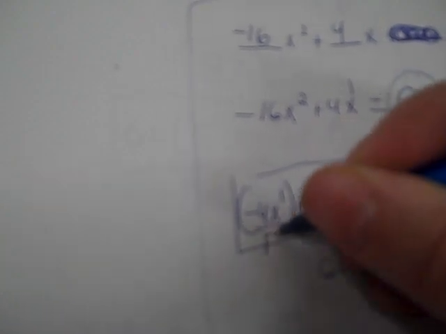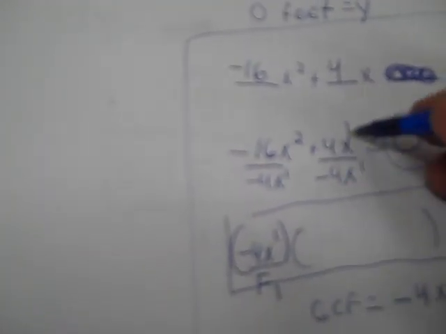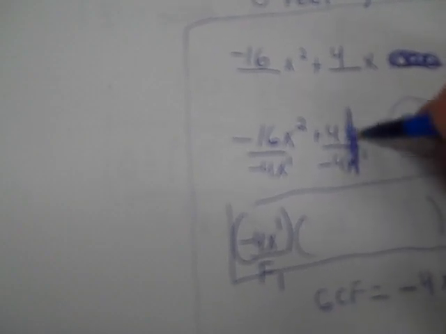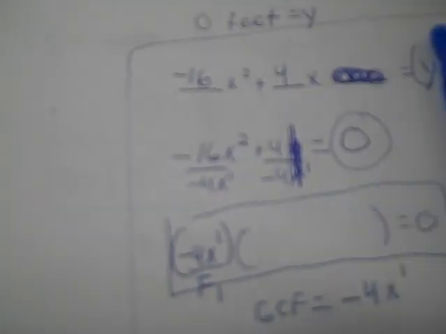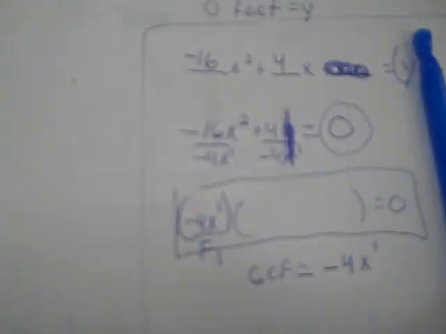And that's factor 1. Now to find factor 2, we have to go up and divide out negative 4x to the 1. And the x to the 1, x to the 1 cancels. Don't cross out the 4's though. Okay, you can't do that. Just the variables and their exponents. So negative 16 divided by negative 4 is 4. And then 2 minus 1 is 1.